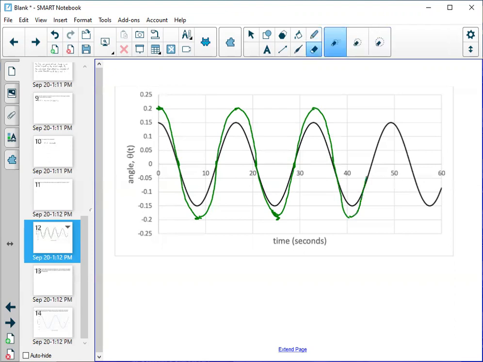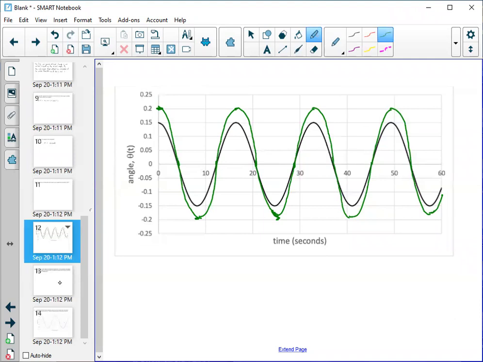I want to erase a little bit, and I can do a better job than that. All right, so that's what it looks like in green there, as compared to the first curve that was sketched for us. Let's go to the next screen.